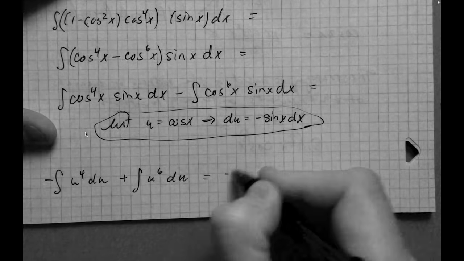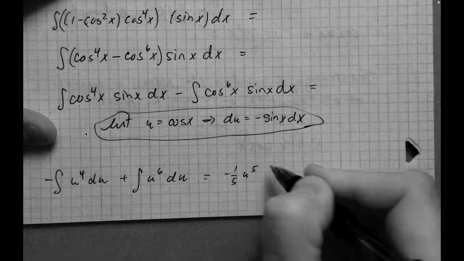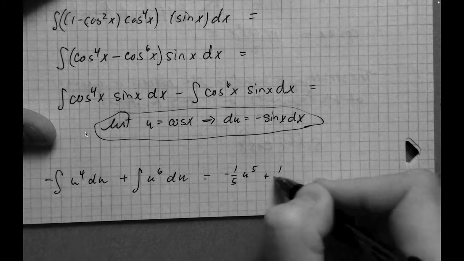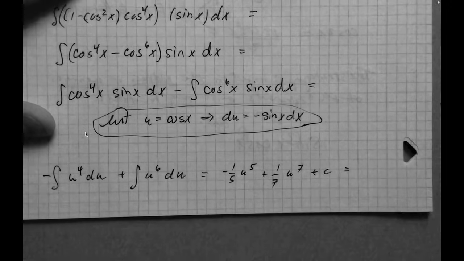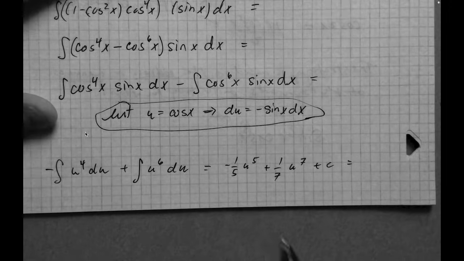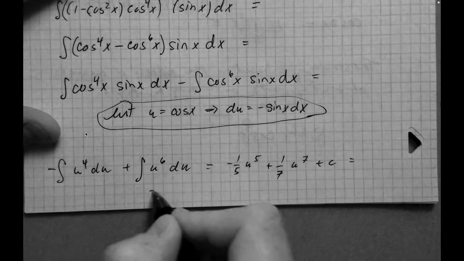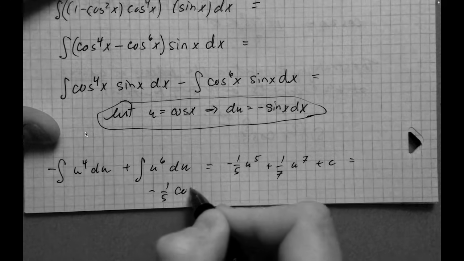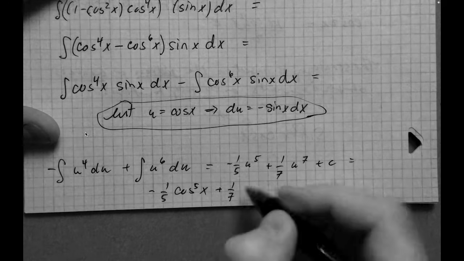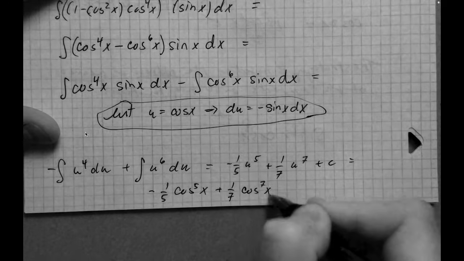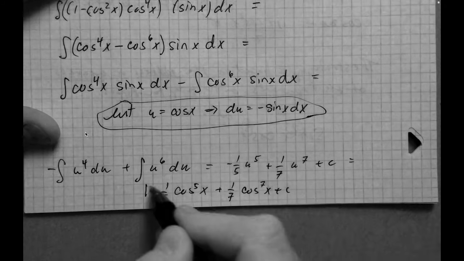And so we get negative 1/5 u to the 5th plus 1/7 u to the 7th plus c, and we're just plugging back in u equals cosine. We get the result, so negative 1/5 cos to the 5th x plus 1/7 cos to the 7th x plus c.